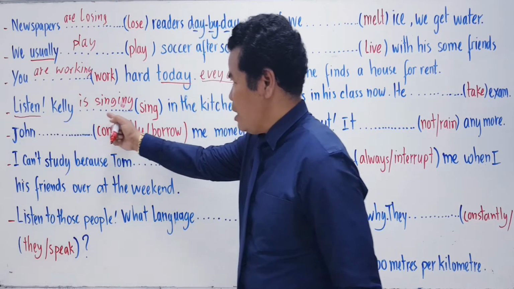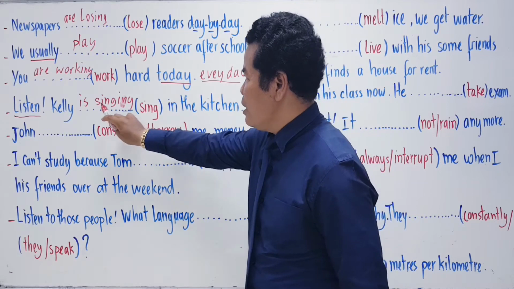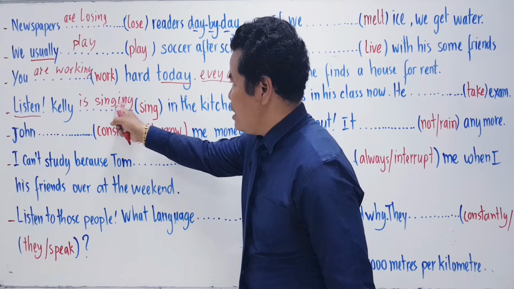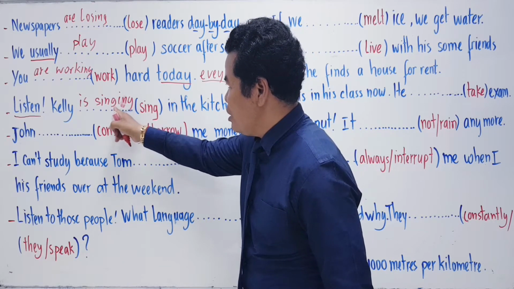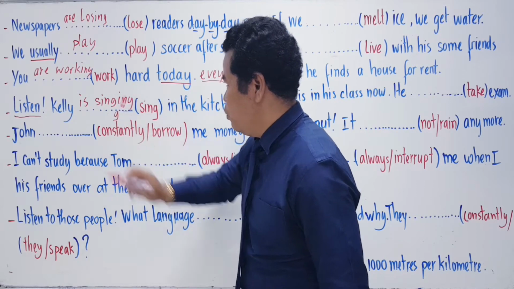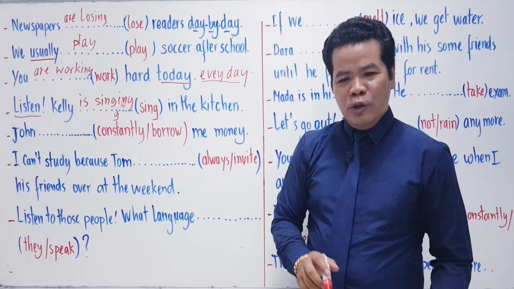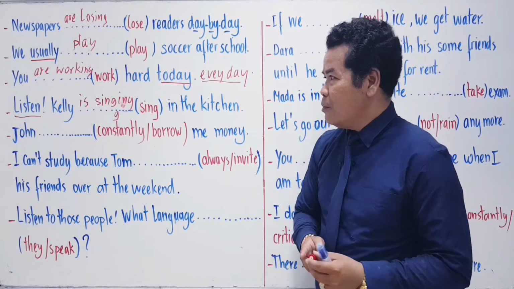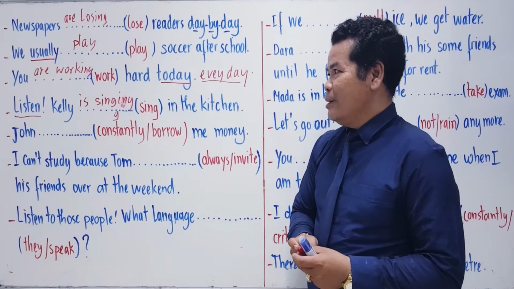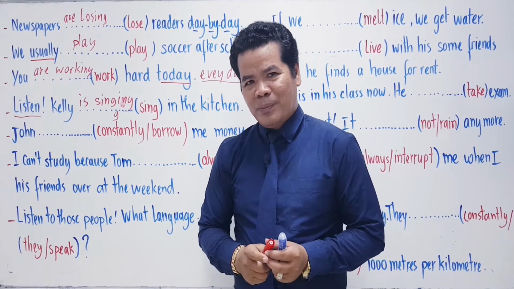Listen, Kelly is singing. Okay? So what is the rule here? When you say sing, it ends in G. Can you double one more G? We cannot. Do you know the rule of doubling the last consonant? You still remember?